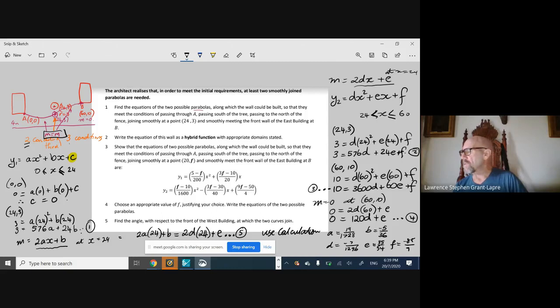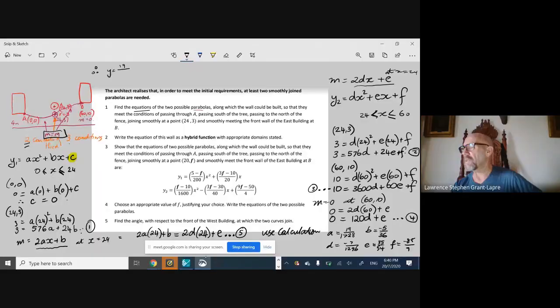And they don't want us just to write the coefficients, they want us to actually write the equations of the two possible parabolas. So the equations are, and I'll just put it up here, y equals 19 over 1728 x squared plus negative 5 over 36x. That's equation 1.